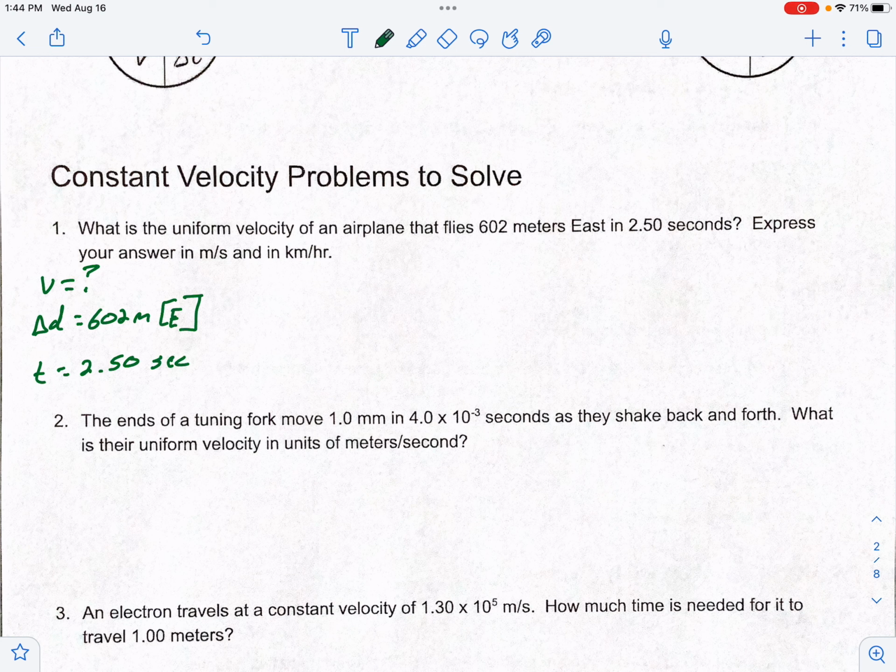Okay, so I'm going to use my equation. Velocity equals displacement over time. So V I don't know. My displacement is 602 and my time would be 2.50 seconds. So if you type it in the calculator, you're going to get 240.8 meters per second.